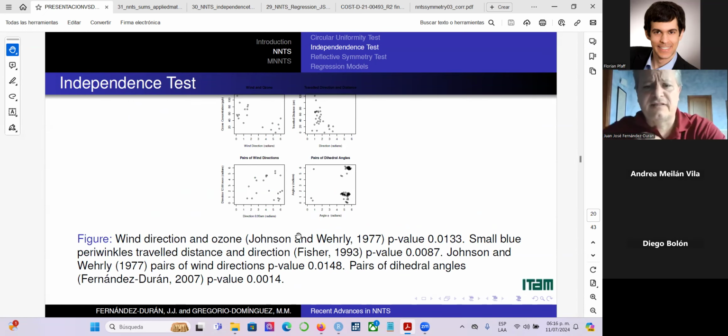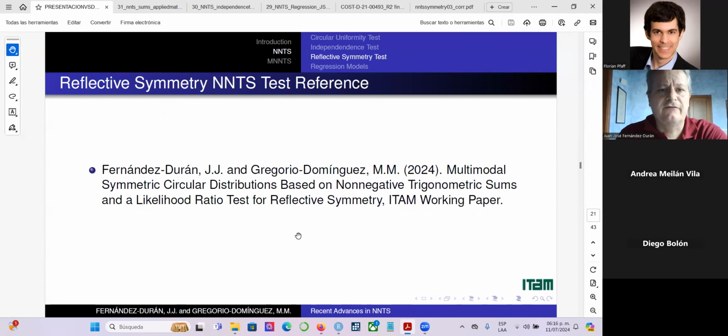You have some examples here of famous data sets in which we clearly reject the null hypothesis of independence when we apply the proposed test of independence using the non-negative trigonometric sums.